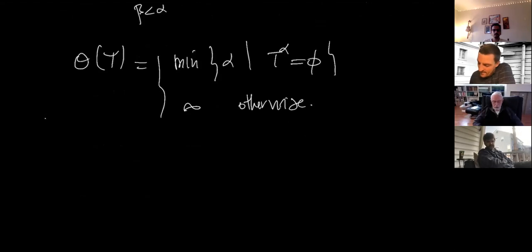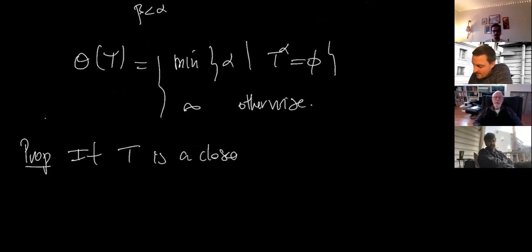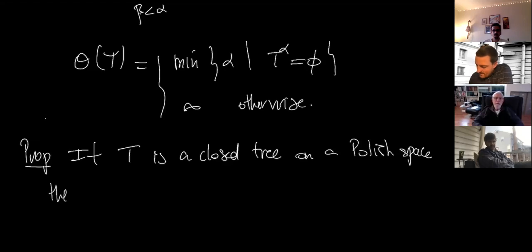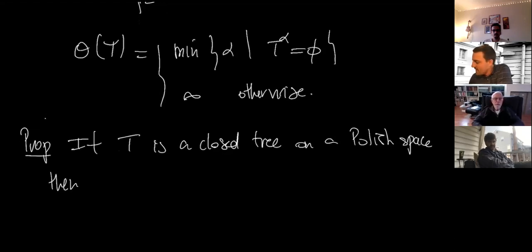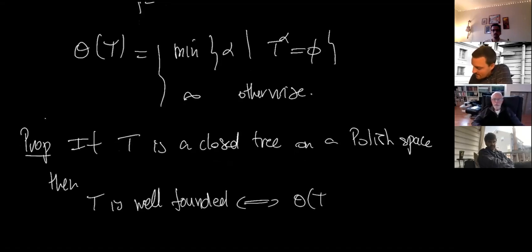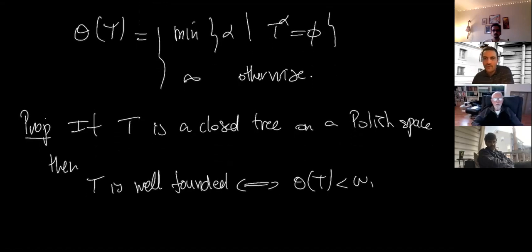Now there is an important and classical result here, which is the following. If T is a closed tree on a Polish space, so a separable, metrizable, and complete metric space, then T is well-founded if and only if its order is a countable ordinal.